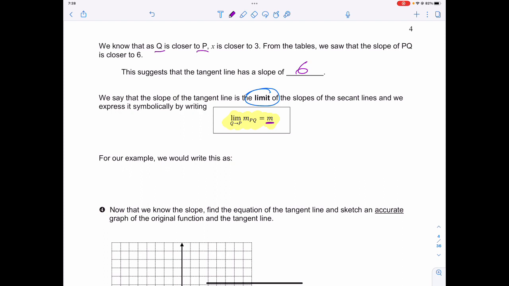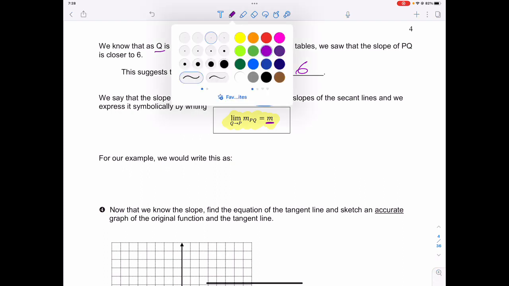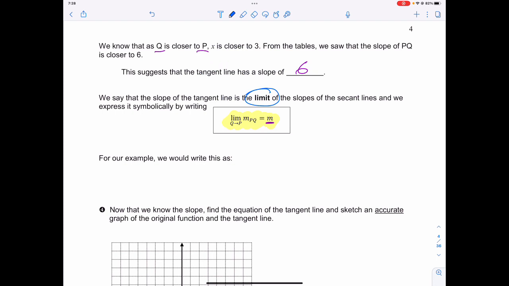Using the example that we did previously, we're going to say that the slope is equal to the limit as x gets closer and closer to 3. Now, we solved that the slope was x squared minus 9 over x minus 3.